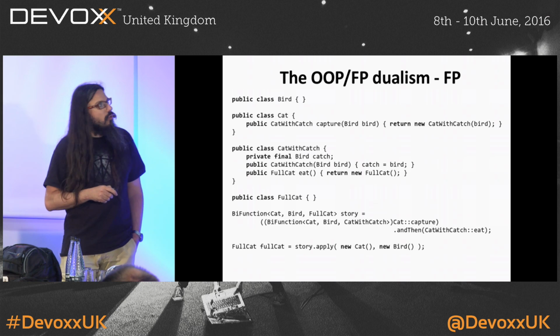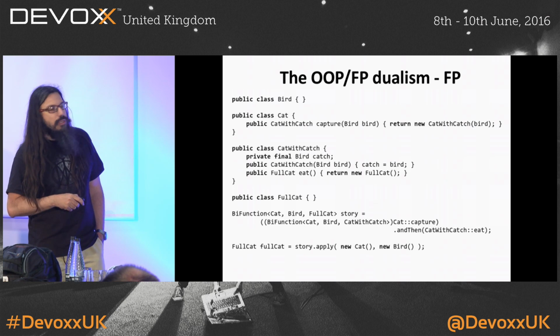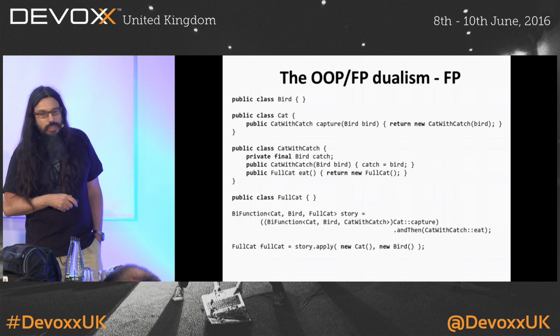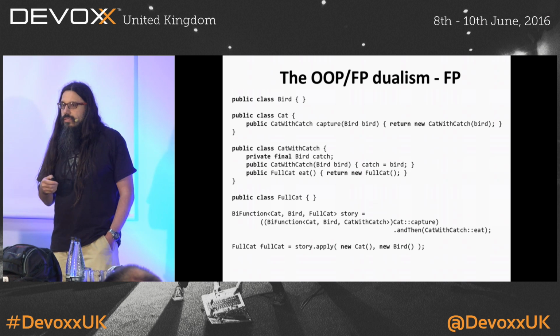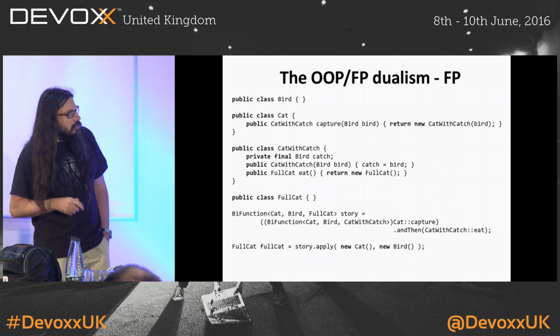Then you can call the capture method on it, and the capture method creates a new cat that this time is a cat with a catch, that has a bird, and you can call eat on it, and it will return a full cat. So this time my story is just made of functions.